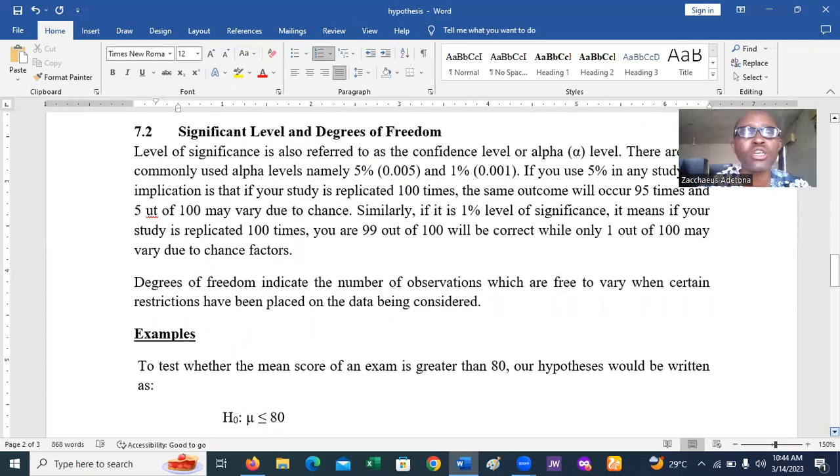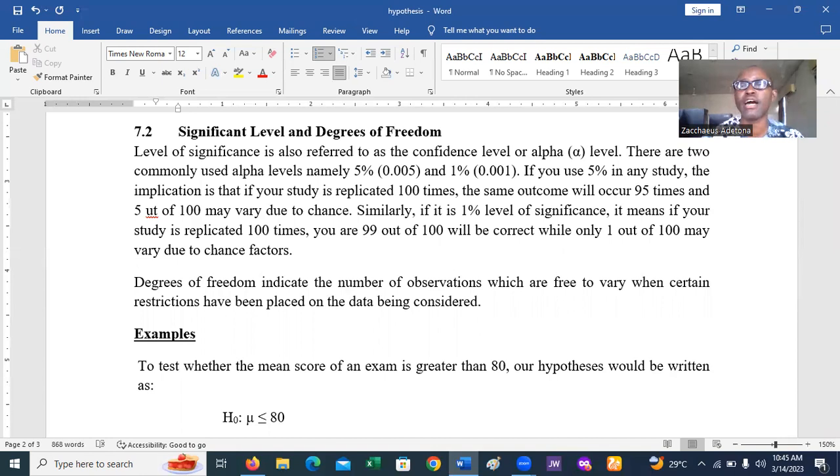Now let's briefly talk about significance level and degrees of freedom. After we have learned how to formulate a hypothesis, the other aspect that is important in research is the significance level and degrees of freedom. Level of significance is referred to as confidence level or represented as alpha. Call it the alpha level.